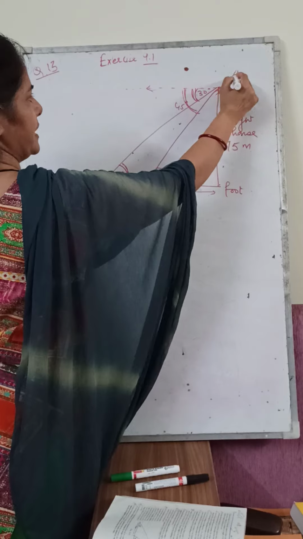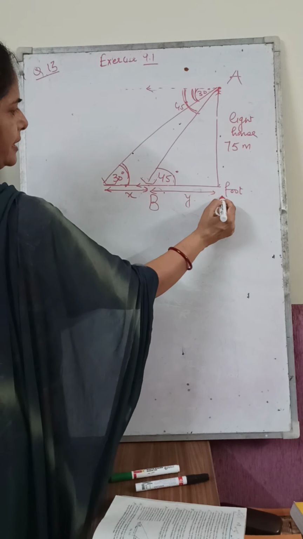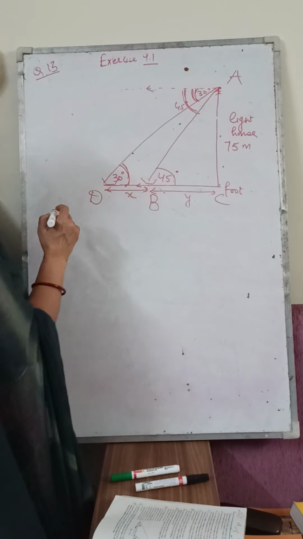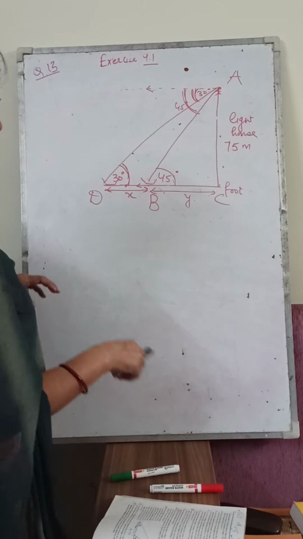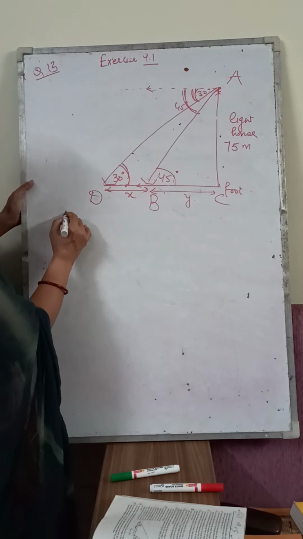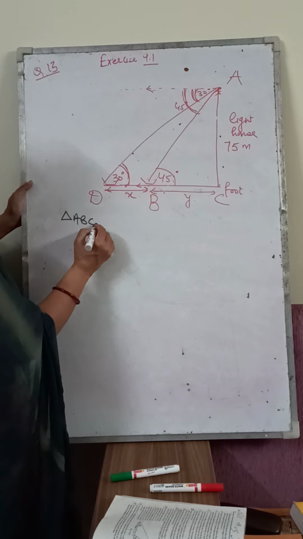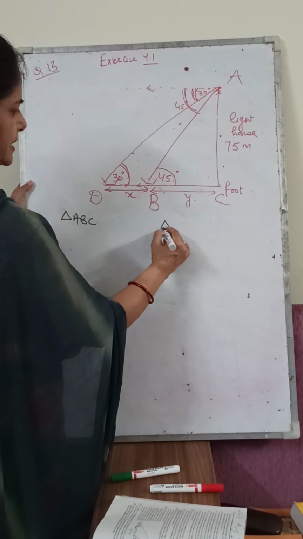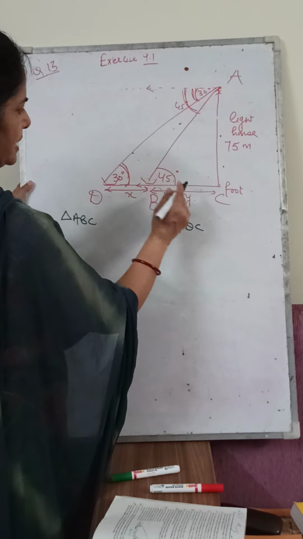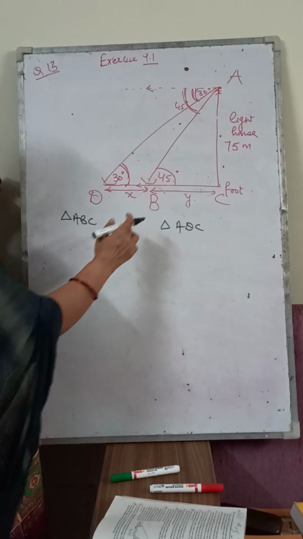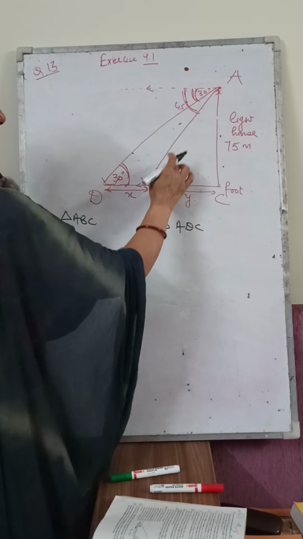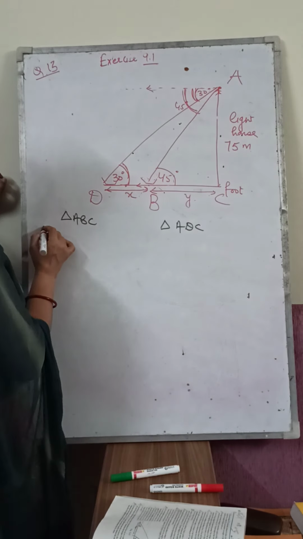Let us suppose this is A, this is B, this is C, and this is D. Here we have two triangles. First triangle is triangle ABC, and second triangle is triangle ADC. In ABC, what is the perpendicular?